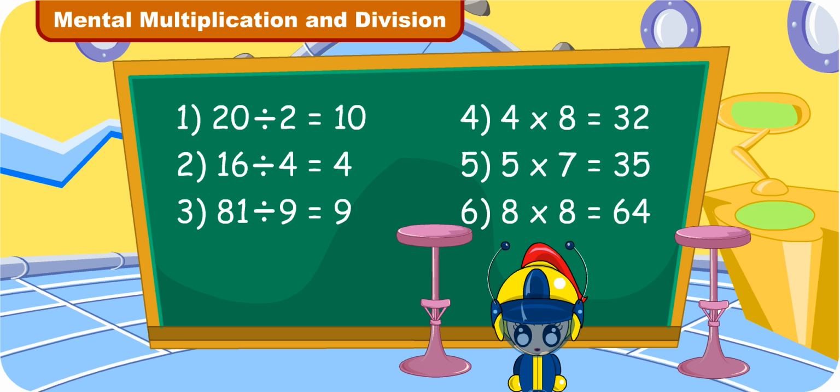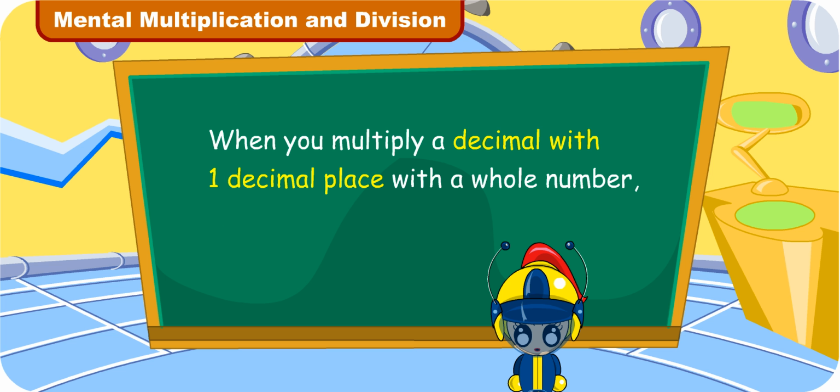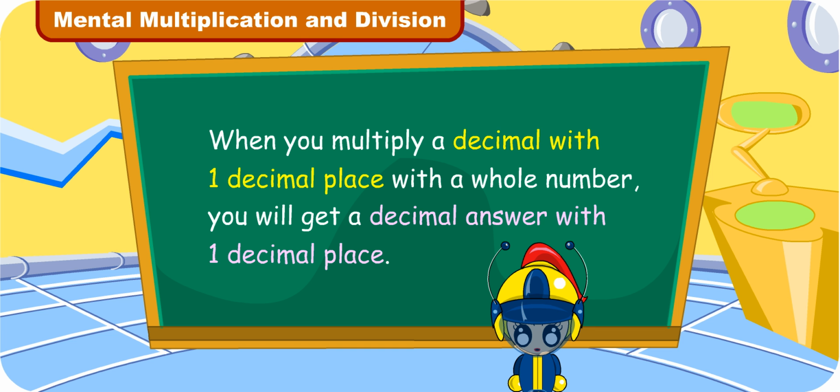Knowing your mental multiplication tables well can help you in multiplications and division of decimals too. Oh, really? How? You have discovered earlier that when you multiply a decimal with one decimal place with a whole number, you will get a decimal answer that is with one decimal place. Yes, I remember that.